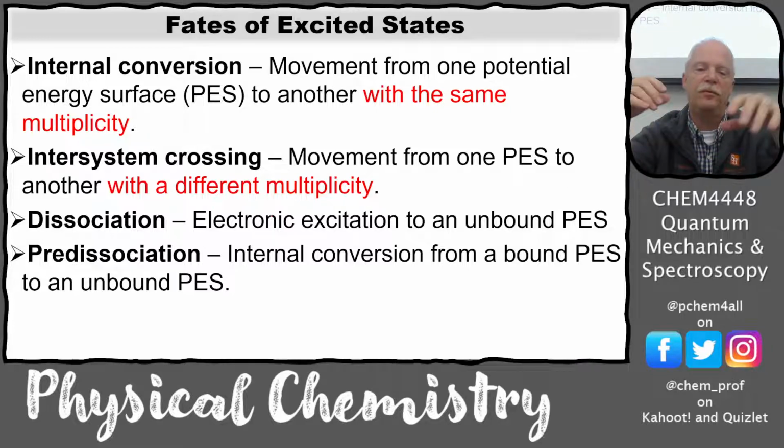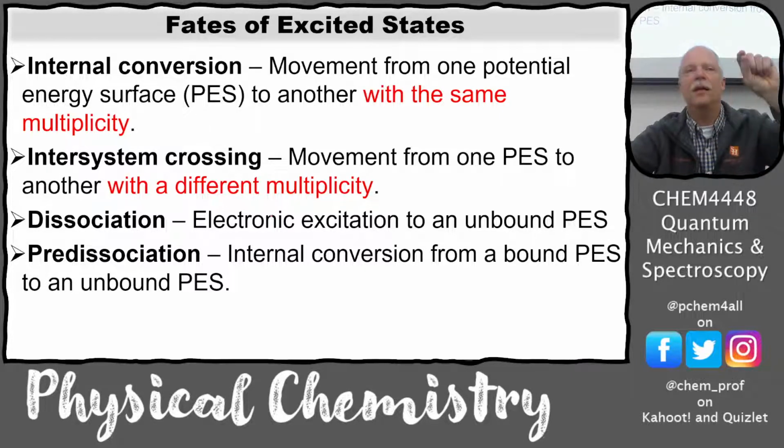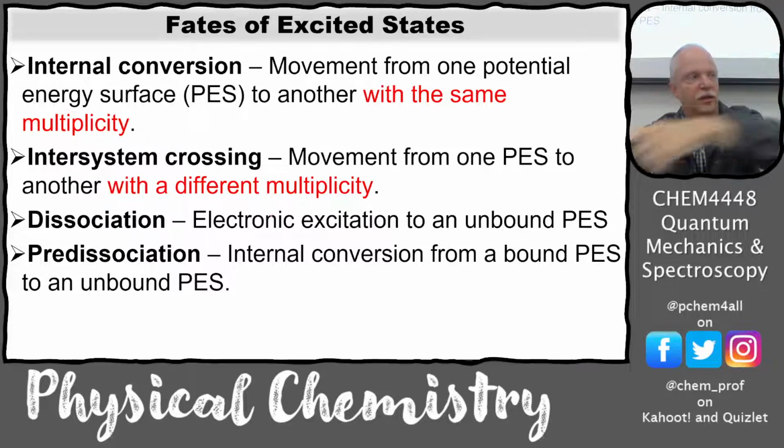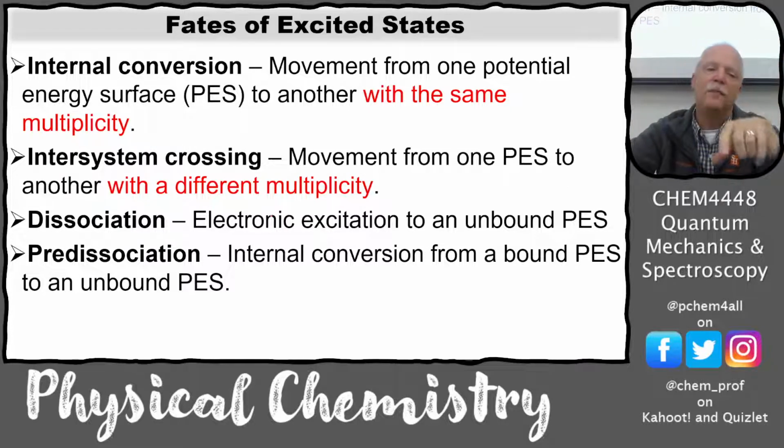Say you've put enough electrons into the antibonding orbitals that now you have the same number of antibonding electrons as bonding electrons, and you've just weakened this bond, and it vibrates and goes out. So that would be with like a photon of light coming in, hitting that unbound potential energy surface, and you're breaking a bond. Predissociation is you go up to a bound state, so the molecule could stay together, and then it hops onto a different potential energy surface that breaks a bond.